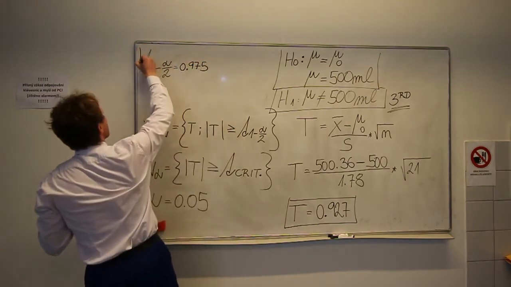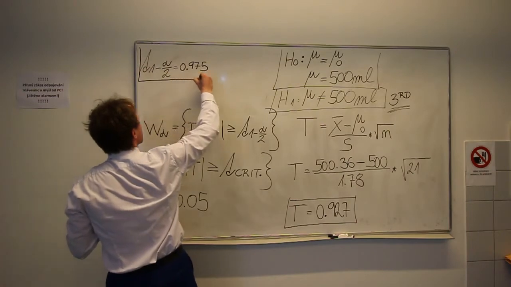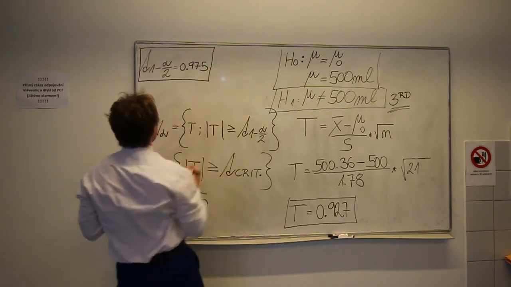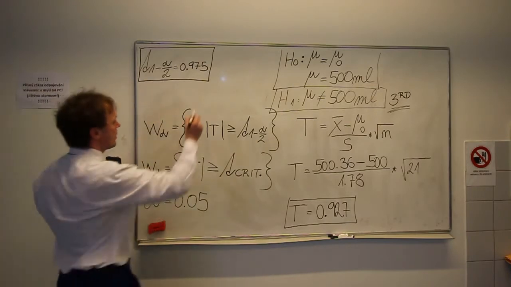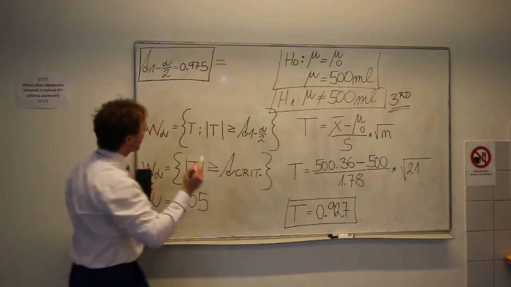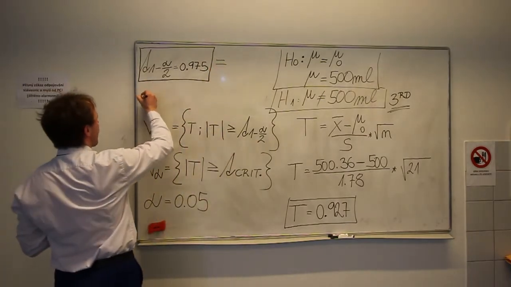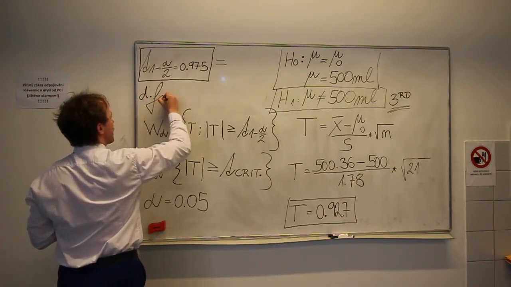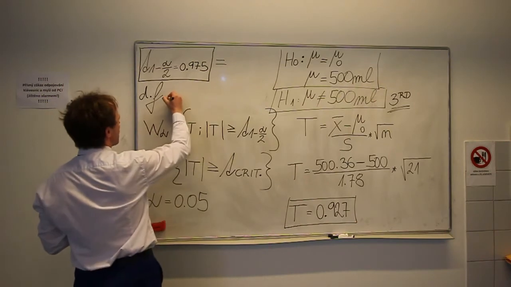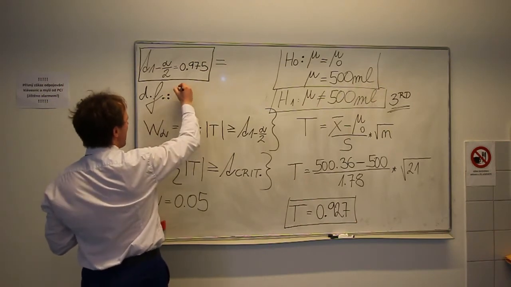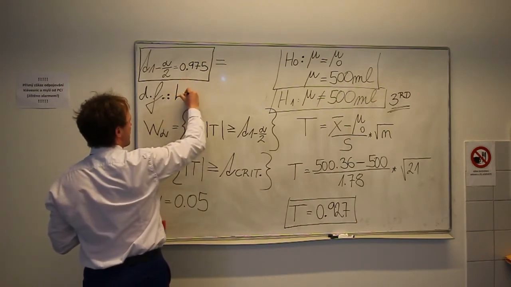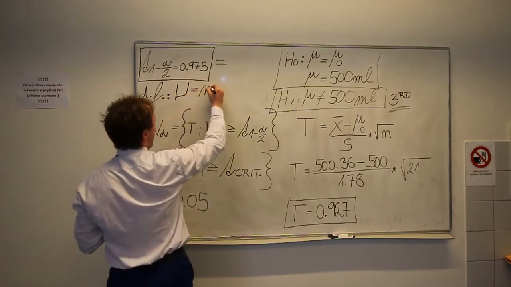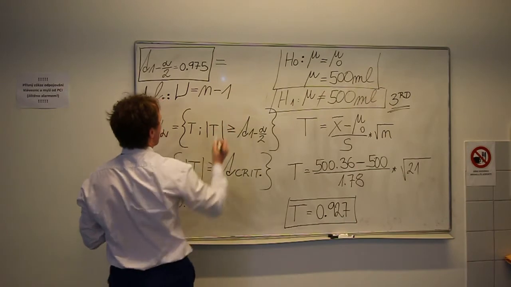So we will check the statistical tables and we will find this critical quantile with degrees of freedom, which is denoted by the small Greek letter nu, and this nu is equal to n minus 1.